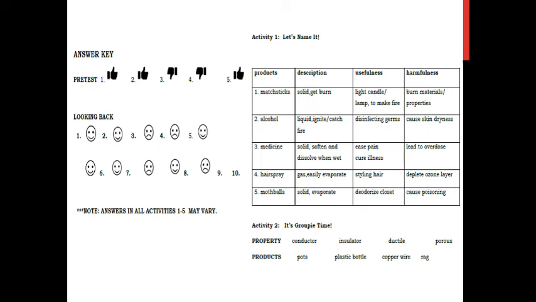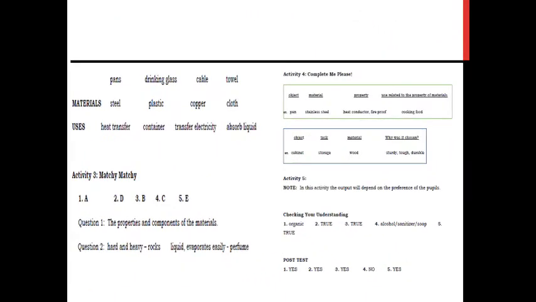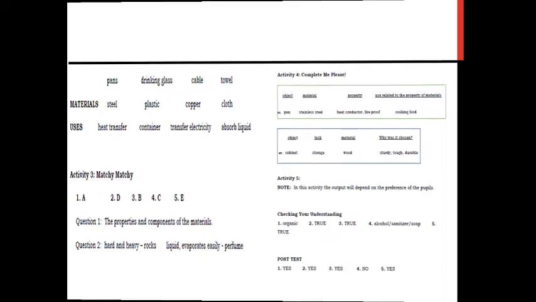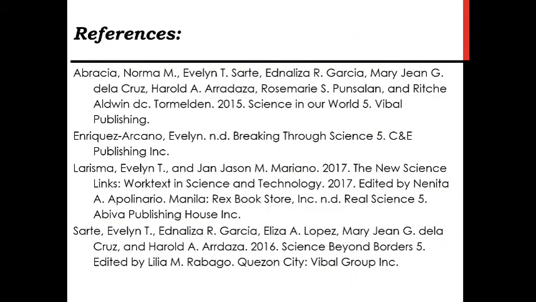Activity 1, activity 2, activity 3, activity 4, activity 5. Then check your understanding and then the post test. And with that, there are our references. Brush and Norma. So all of these writers and publisher.